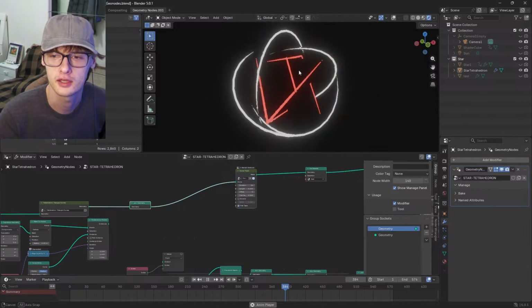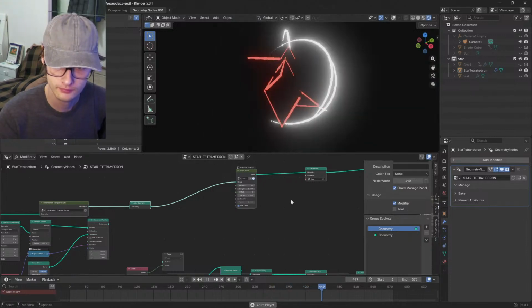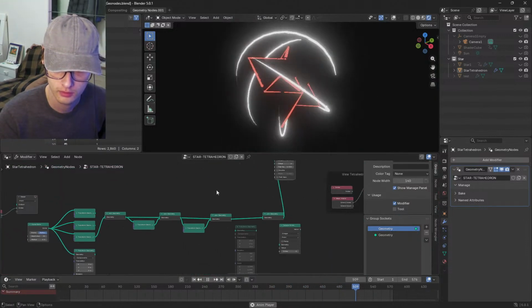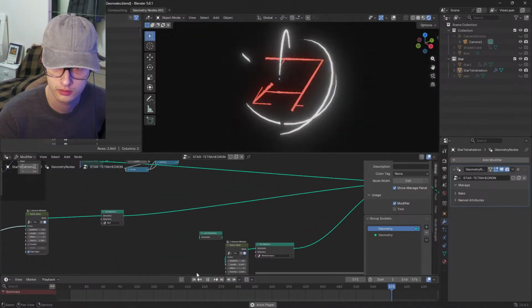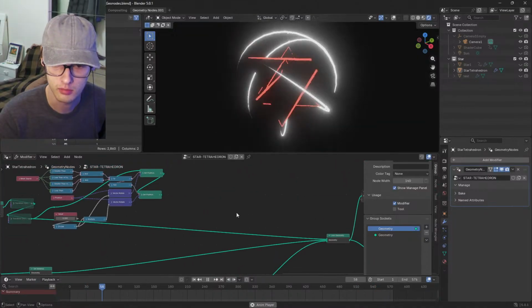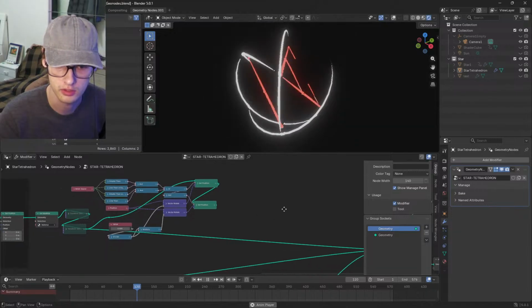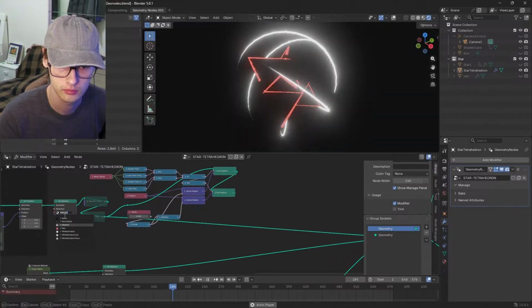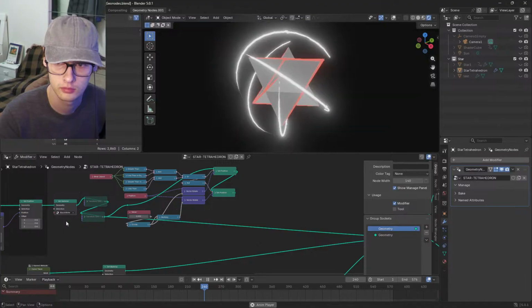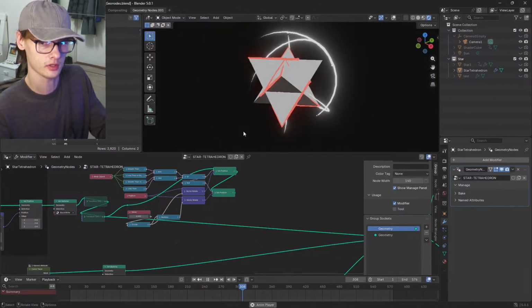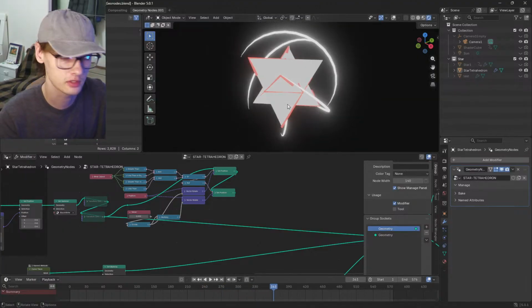What else could I add? I mean, I could make the solid part of this, well, my computer almost looked like it wanted to crash.